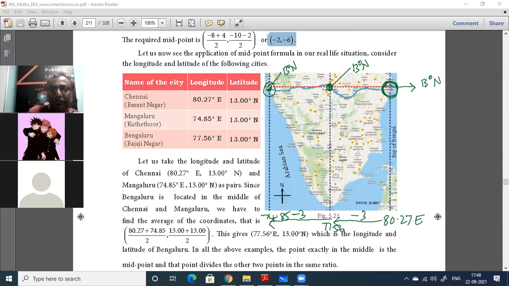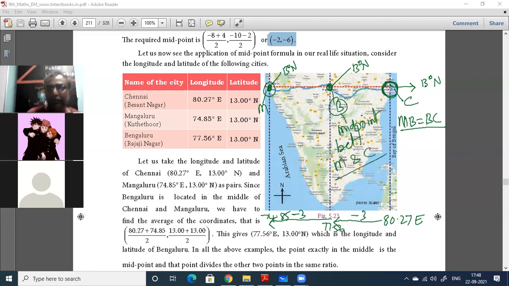This is Mangalore, this is Chennai, this is Bangalore. Then MB is equal to BC, because B is the midpoint between M and C, between Mangalore and Chennai. Bangalore is exactly at the midpoint. That's what they're telling.